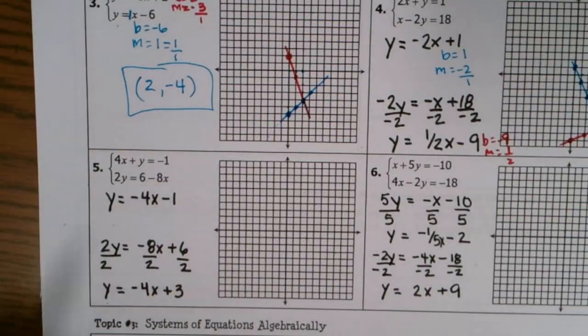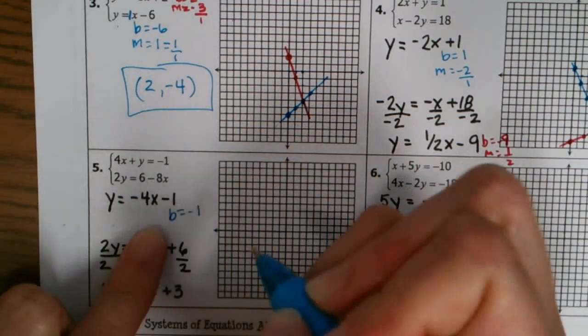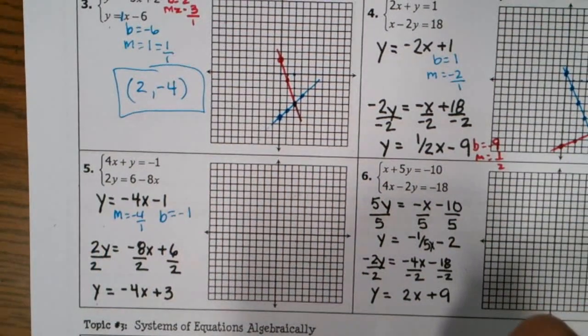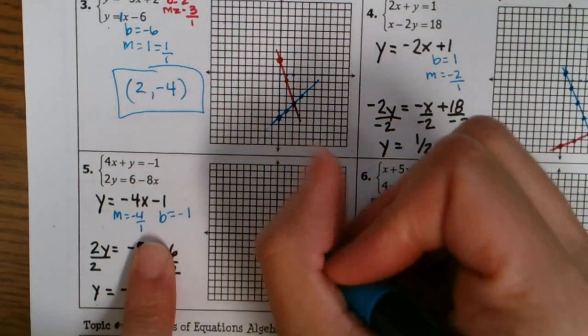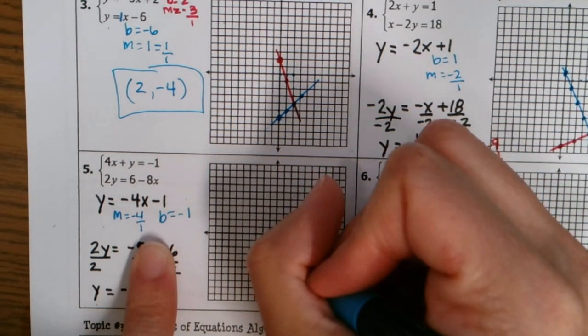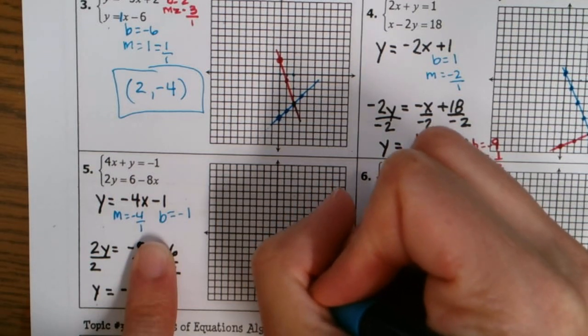Alright, my next one. I've got a b value of negative 1 and an m value of negative 4. So negative 1, down 4, 1, 2, 3, 4 over 1.